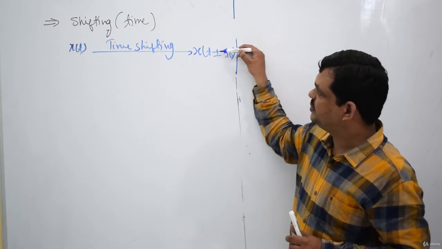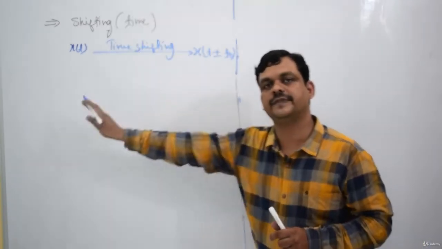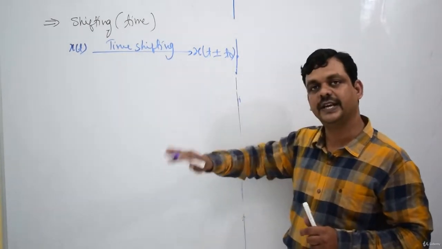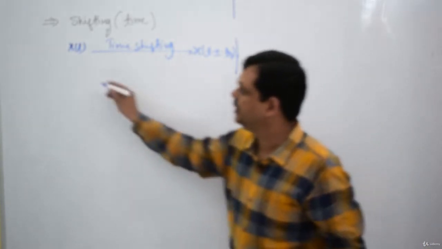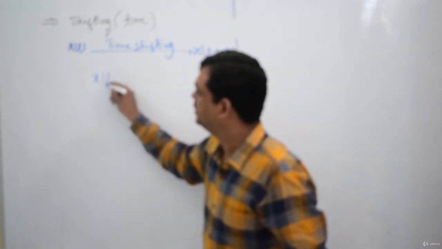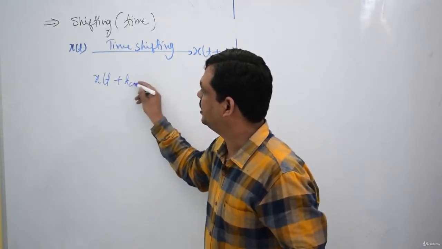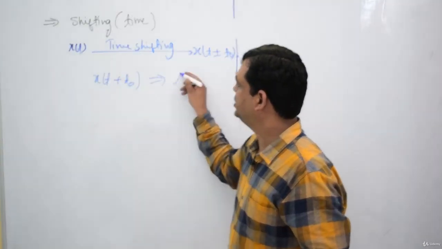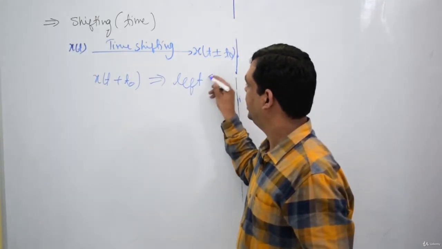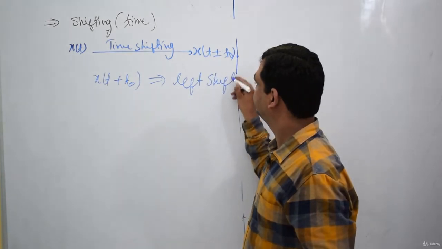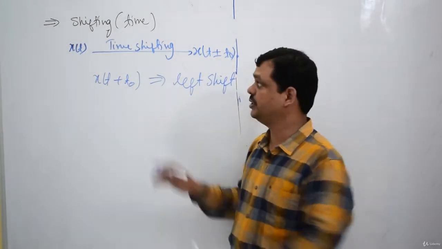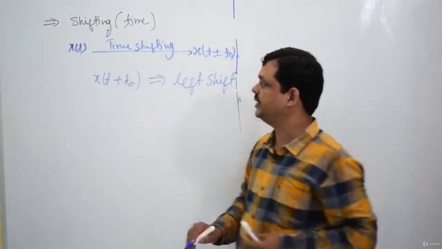In this, plus explains the left side shift operation, minus explains the right side shift operation. It is like this: x of t plus t naught explains the left shift operation. The complete function is shifted left side.